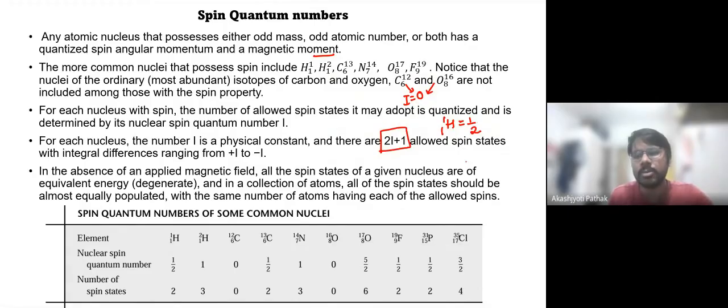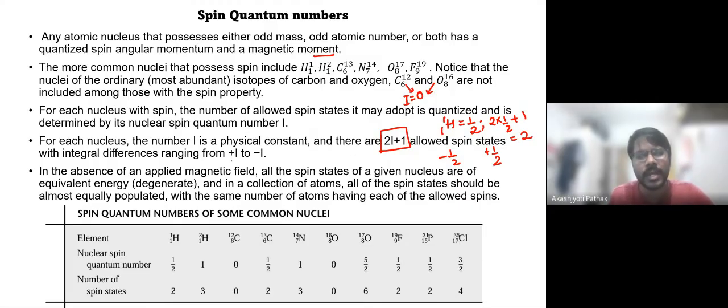So it will take values from minus half to plus half. How many total values? 2 into half plus 1, that is two values: minus half and plus half.